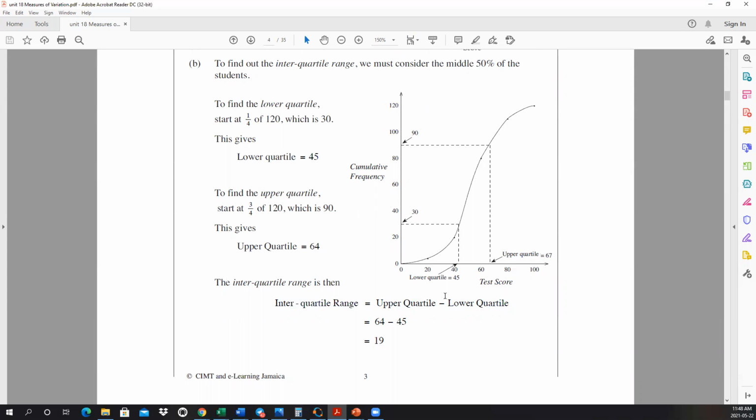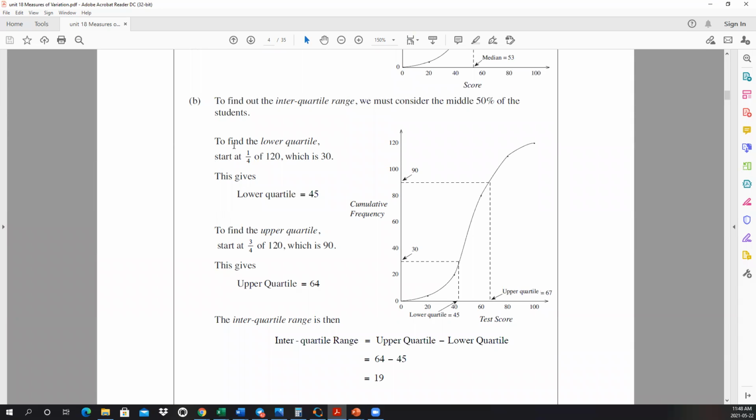So the lower quartile basically is given at a point which represents 25% of the data. The lower quartile gives you the lower 25% point, and the upper quartile gives you the upper 25% point. So what are we saying?